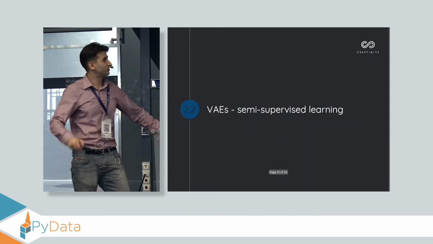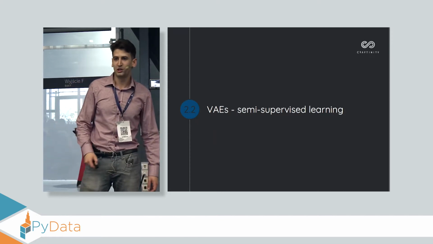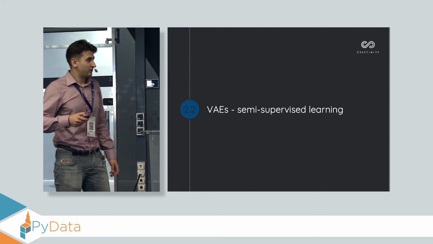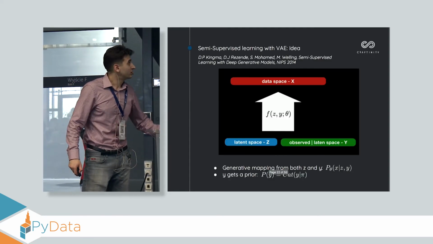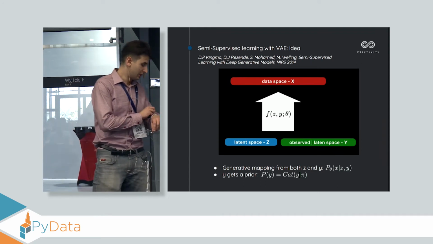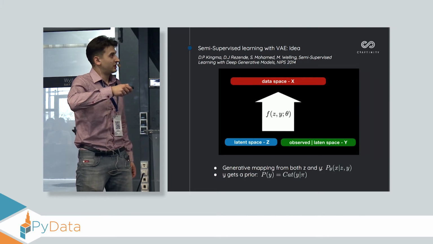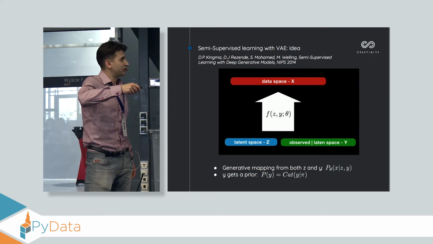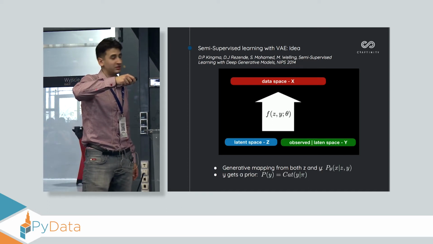When it comes to semi-supervised learning, deep generative models, both variational autoencoders and generative adversarial networks, are a very promising approach. With semi-supervised learning with a variational autoencoder, our data is a result of the generative mapping not only from the latent space Z, but also from labels.